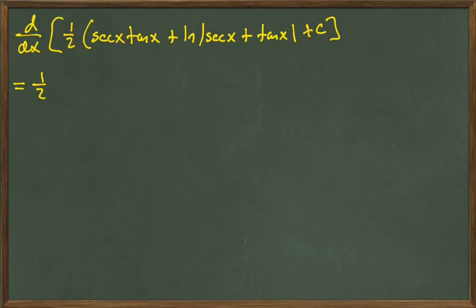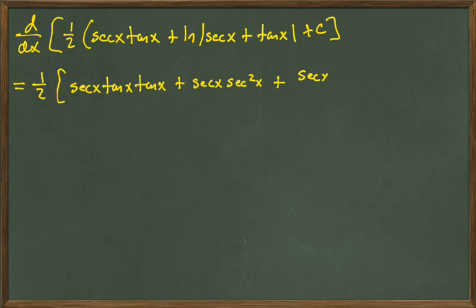All right, so we got 1/2, and then the derivative of secant is secant tangent times the second function of tangent, plus the first function of secant times the derivative of tangent, which is secant squared, plus the derivative of the natural log of the absolute value of u will be u prime over u, so u prime is going to be secant x tangent x plus secant squared. Okay, so there's your u prime, and the u is just secant x plus tangent x.